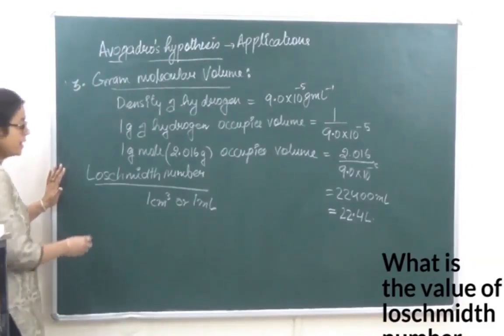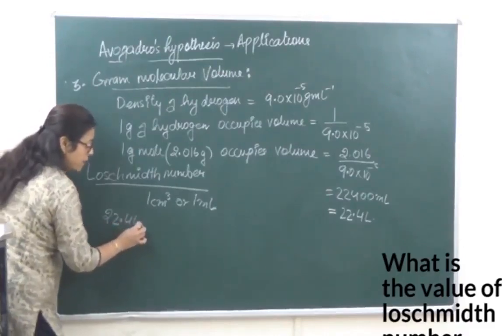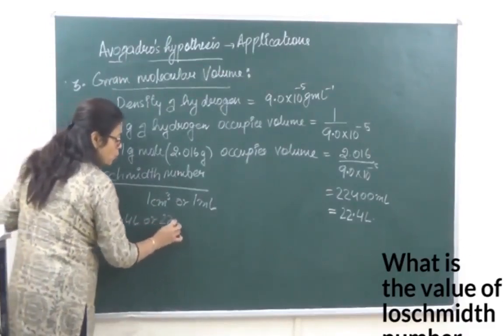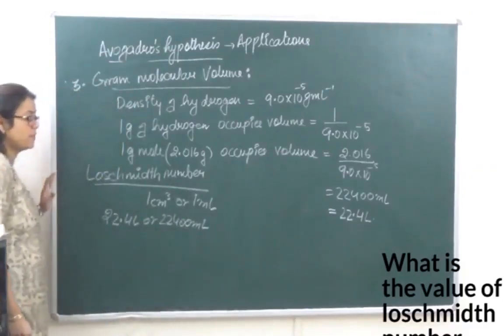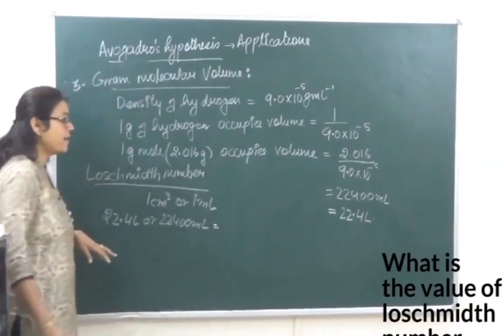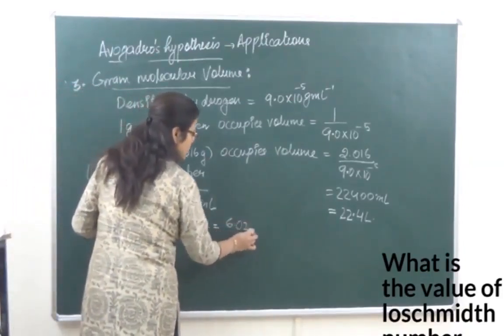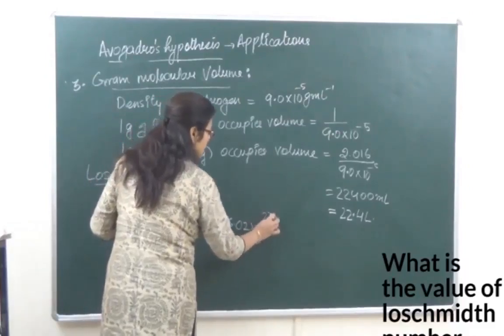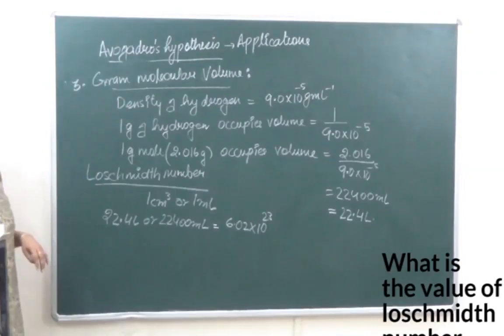अब हमें ये पता है कि 22.4 liters or 22400 ml, इसमें कितने प्रेजेंट हैं? In this there are, according to Avogadro, 6.02 into 10 raised to power 23 molecules are present.